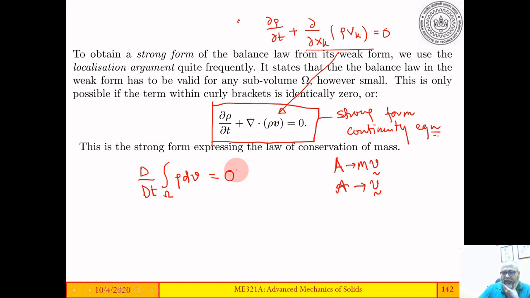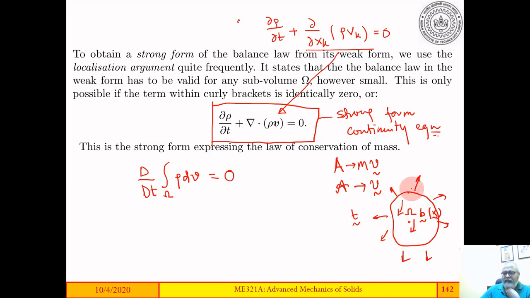Now, I have my usual potato, let's call it omega, and there are tractions on it. So these tractions are T. There are body forces B, and at any point on this, or for this whole volume omega, I'm going to say that Newton's second law has to be valid.